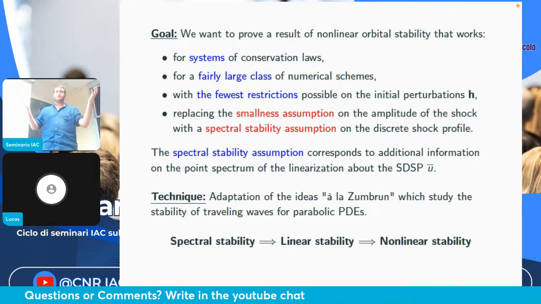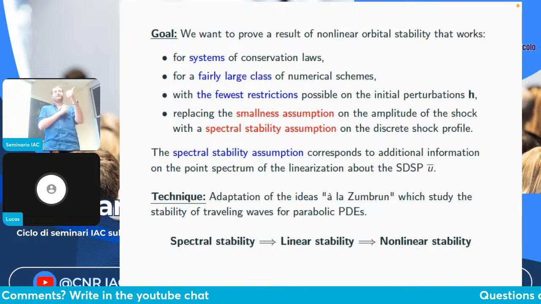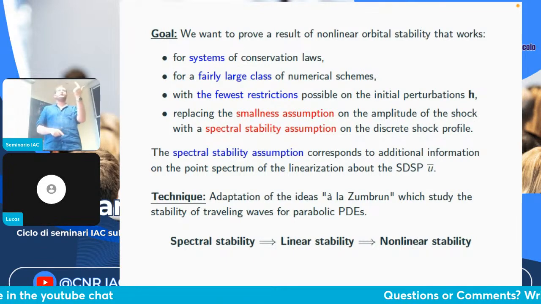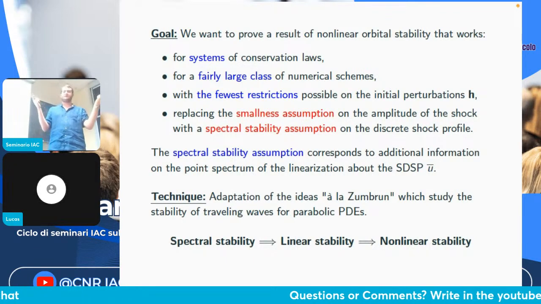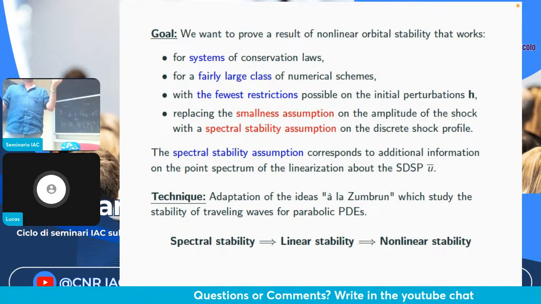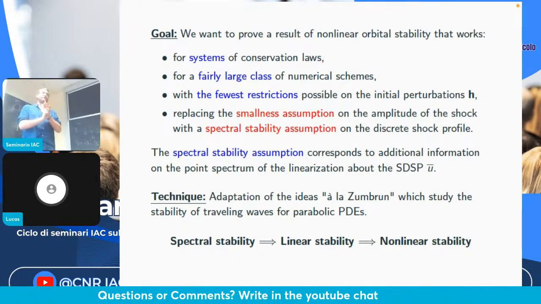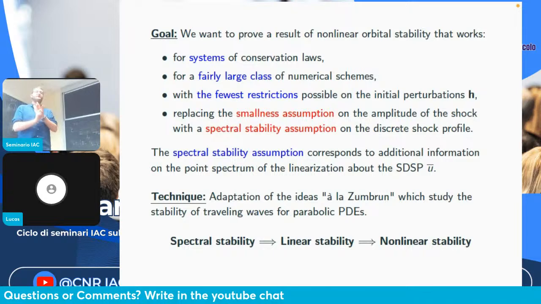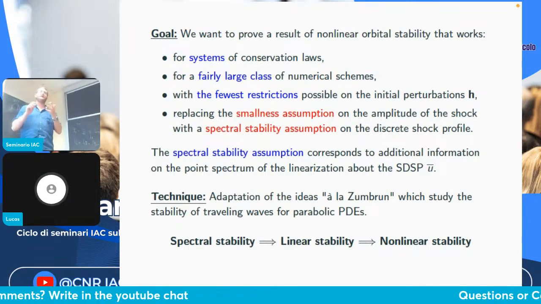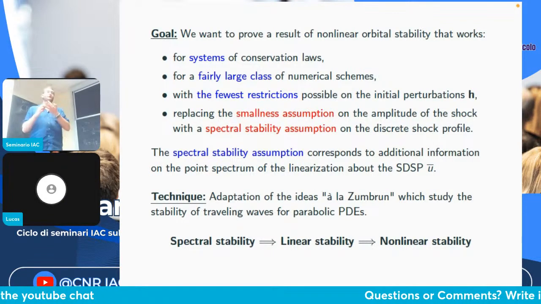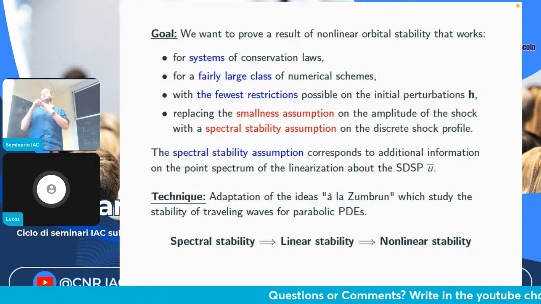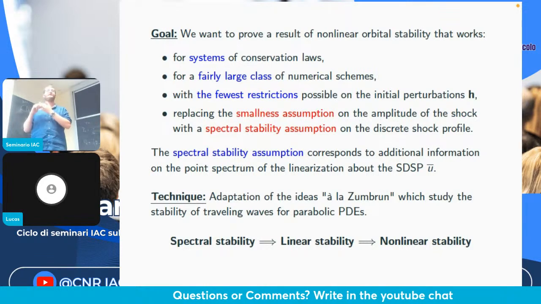So the main goal would be to prove a result that works for systems of conservation laws, that would apply for a fairly large family of numerical schemes, and that introduces the fewest restrictions on the perturbations. And finally, and maybe this is the most important, if it works for systems of conservation laws, we would want to avoid introducing any weakness assumption.